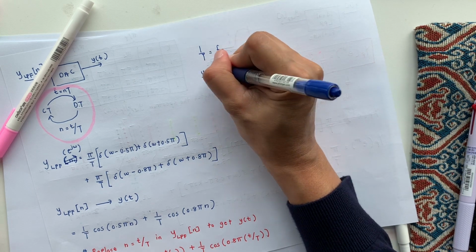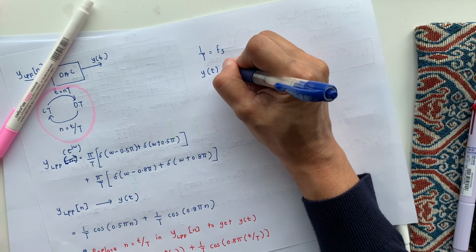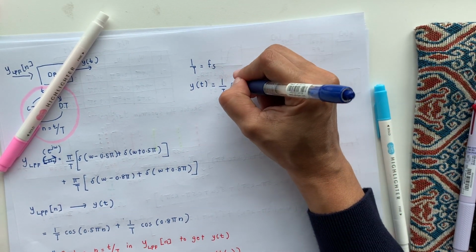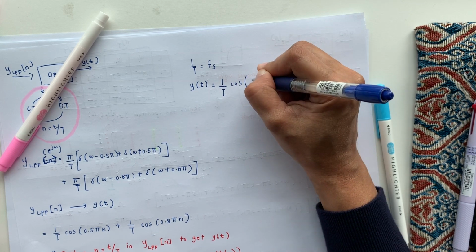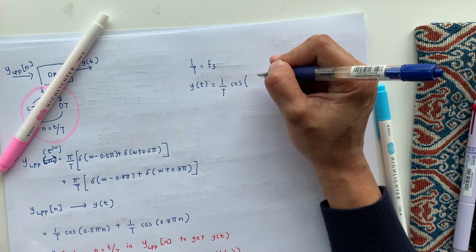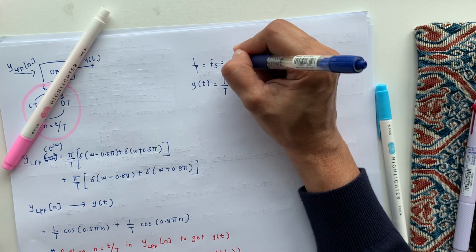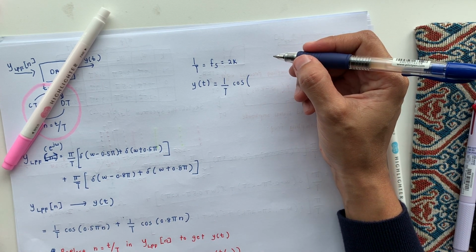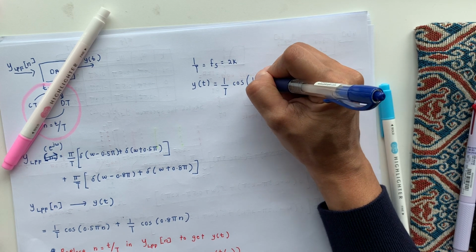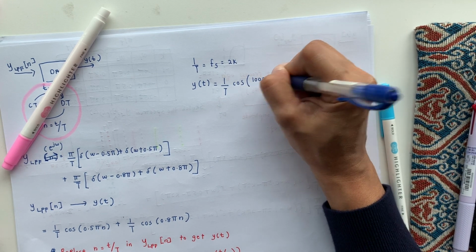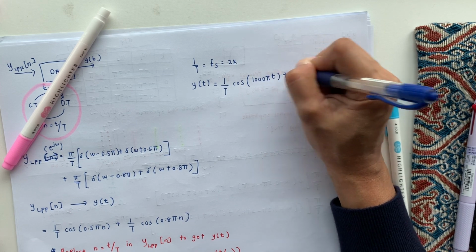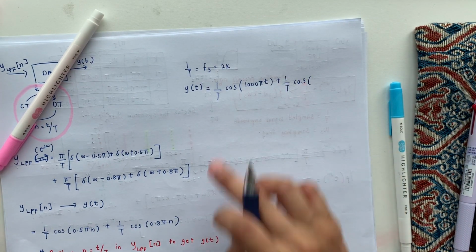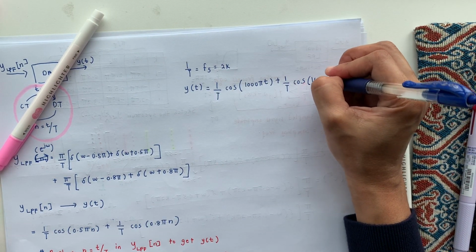So you substitute: 0.5 pi times 1 over T. 1 over T is Fs, equal to 2000, so 0.5 times 2000 is 1000 pi t, plus 1 over T cos, 0.8 times 2k is 1600 pi t.